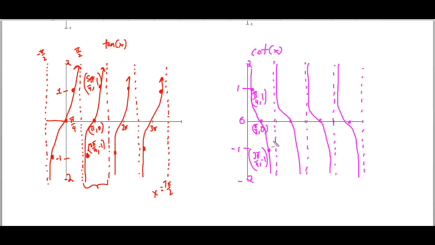And then this would be 4 pi over 4, and then 5 pi over 4, 6 pi over 4, 7 pi over 4, 8 pi over 4, 9 pi over 4, 10 pi over 4, 11 pi over 4, and I think you're seeing 12 pi over 4.